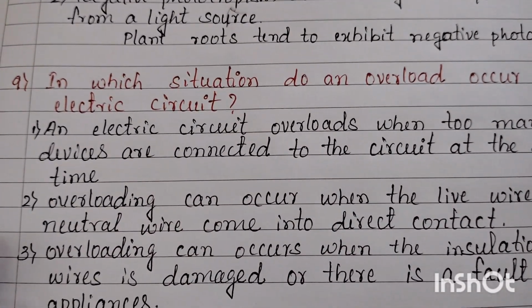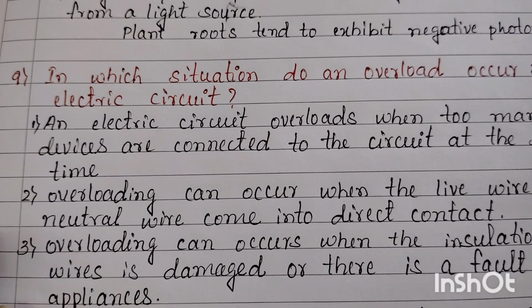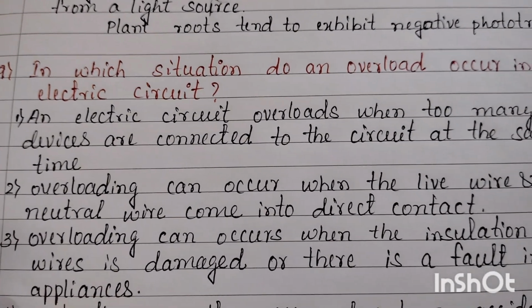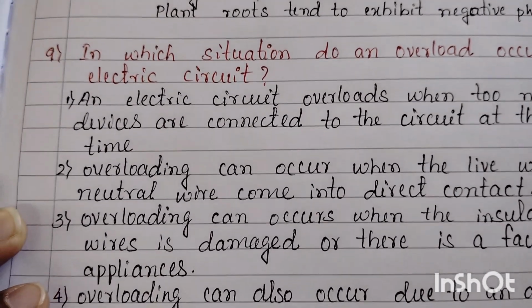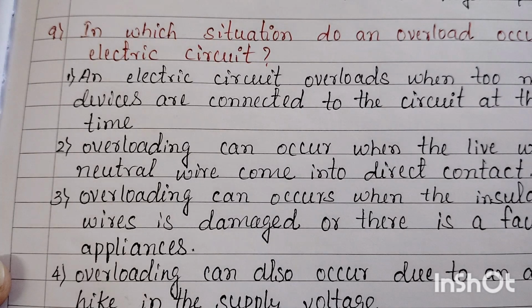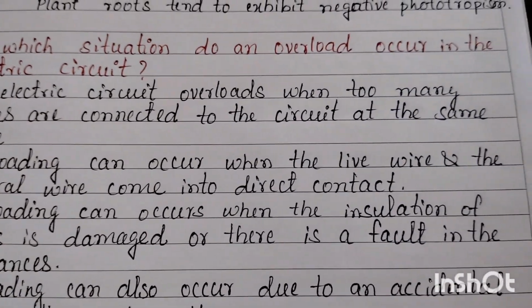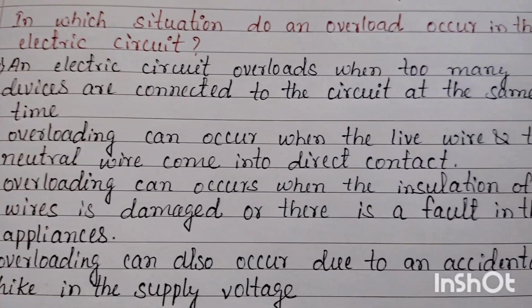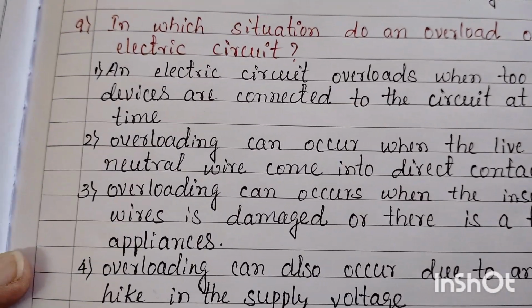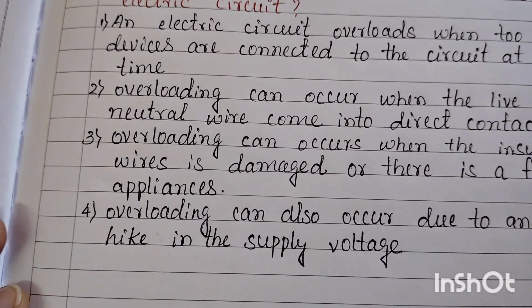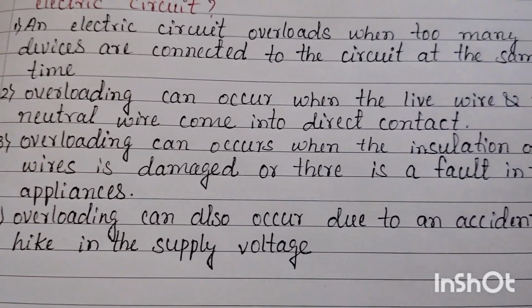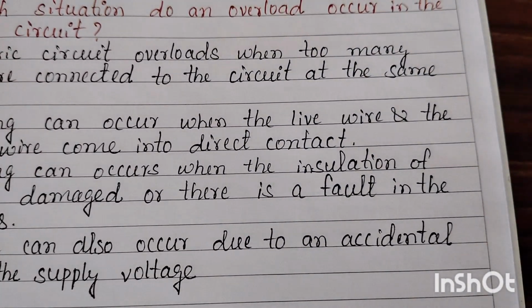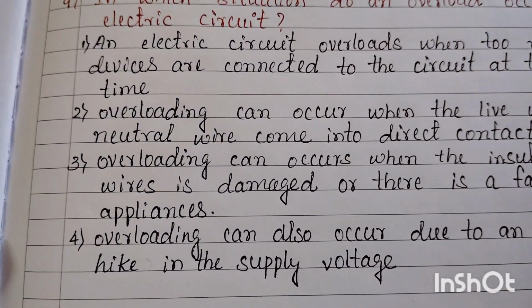Overload can occur when a live wire and neutral wire come into direct contact. Overload can occur when the insulation of wires is damaged or there is a fault in the appliances. Overload can also occur due to an accidental hike in the supply of voltage.